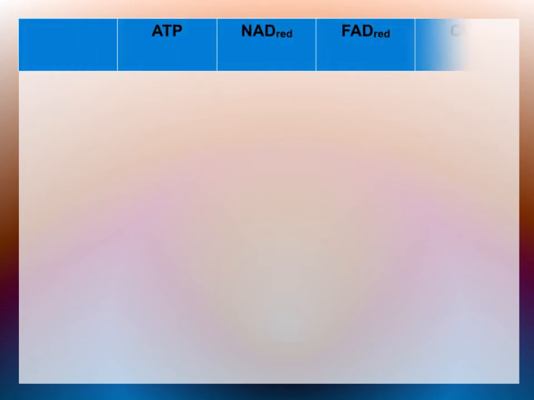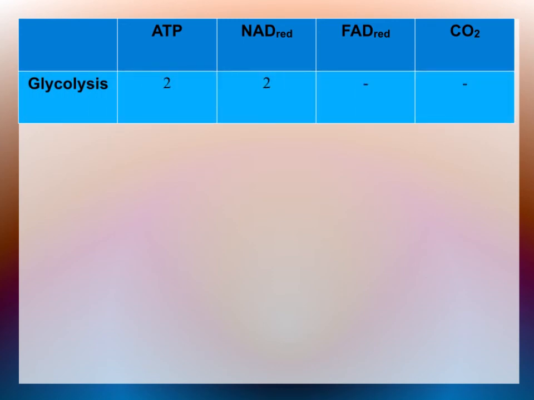So this is a table that you can use to check your products along the way. So copy out this table and test yourself. Glycolysis, you should have 2 ATP, 2 reduced NAD. Link reaction, you'll have 2 reduced NAD, 2 carbon dioxide.